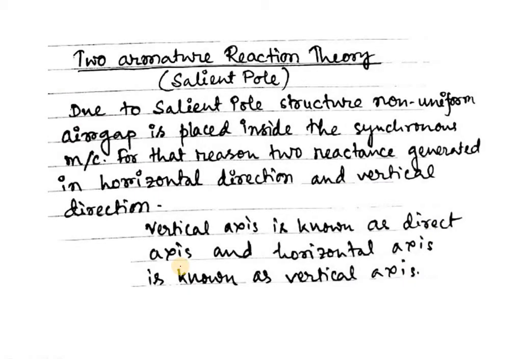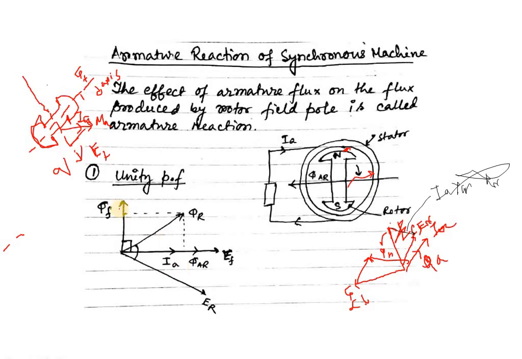Now let us consider the two reaction theory of salient pole machines. Due to the salient pole structure, a non-uniform air gap is present inside the synchronous machine. For that reason, two reactions are generated, in the horizontal direction and the vertical direction, which I have already shown you here. This is the D axis and this is the Q axis.